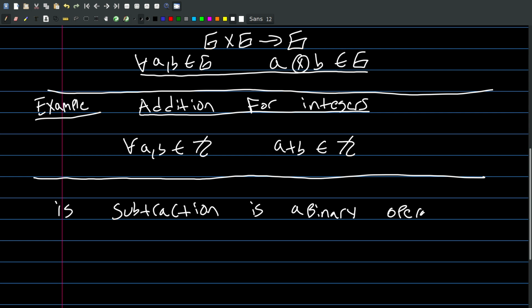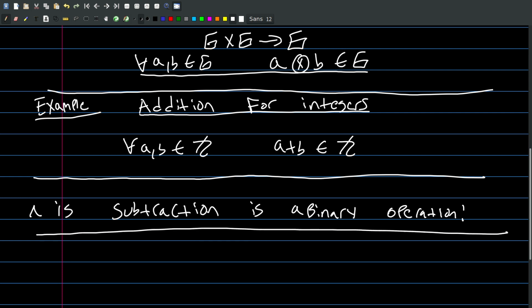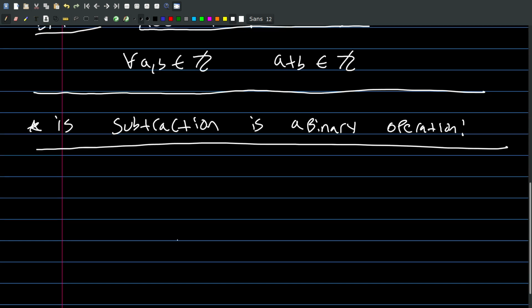How about multiplication? Is that a binary operation? An integer times an integer is an integer. What about division? Is there an exception?